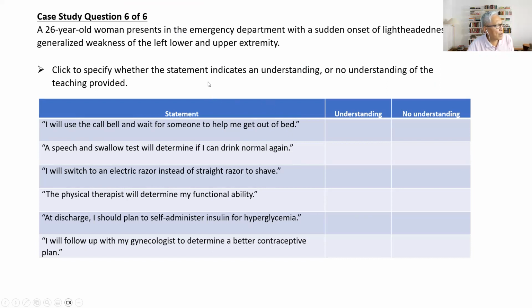click to specify whether the statement indicates an understanding or no understanding of teaching that is provided to this patient. So let's see.